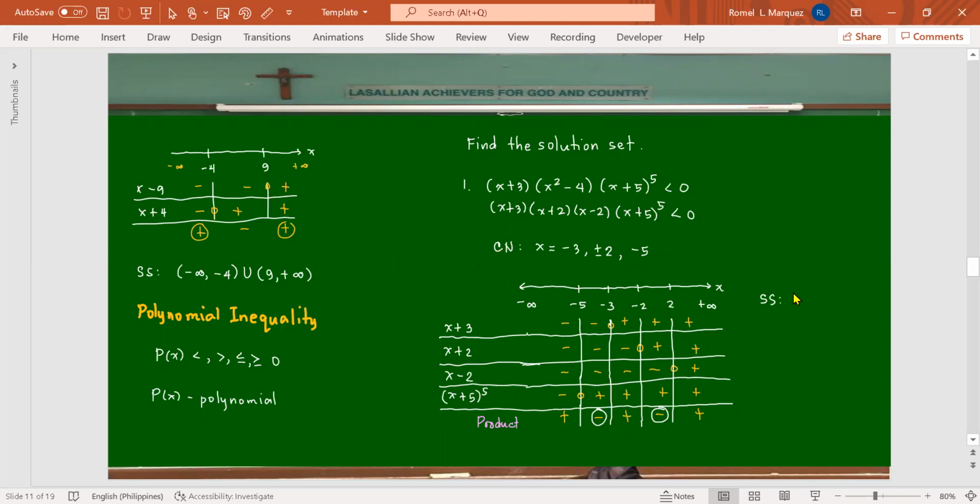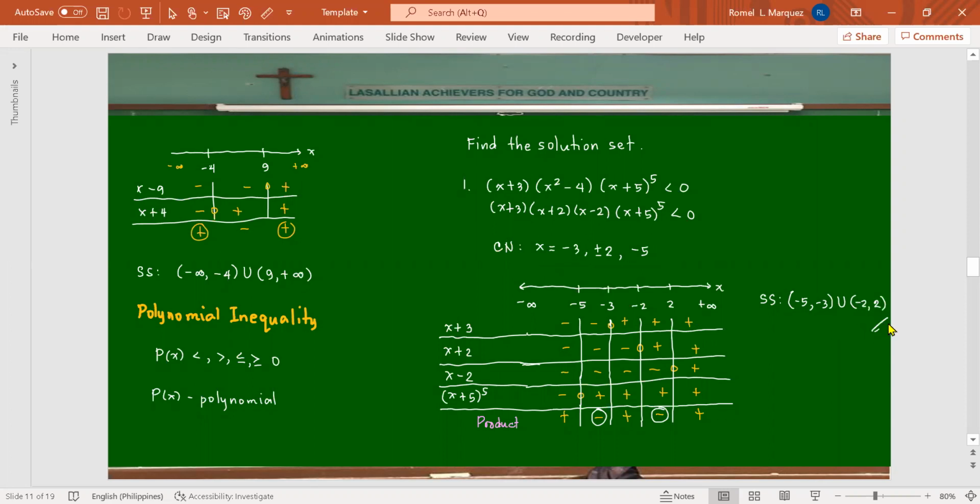What is the solution set? Negative 5 up to negative 3, union, open parenthesis because critical numbers are not parts of solutions. What else? Union with negative 2 to positive 2.